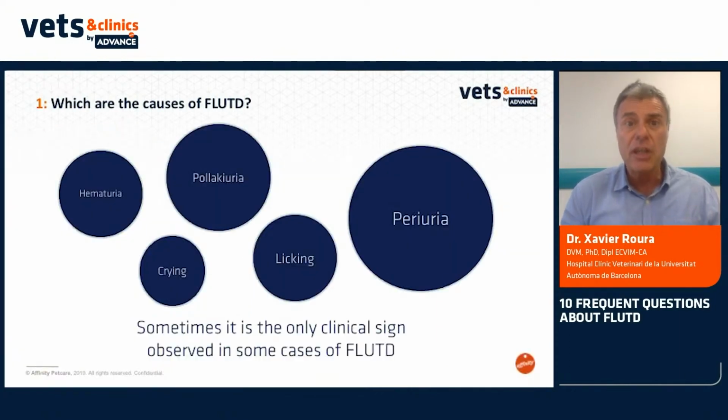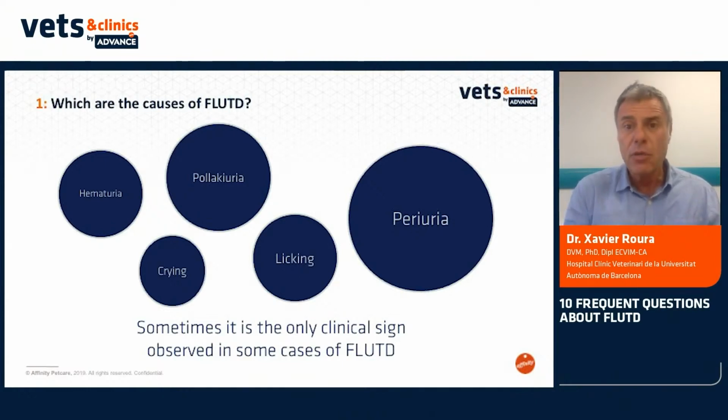But these clinical signs can appear alone. We can find just hematuria, or pollakiuria, or the cat crying when urinating, or licking the perianal area.